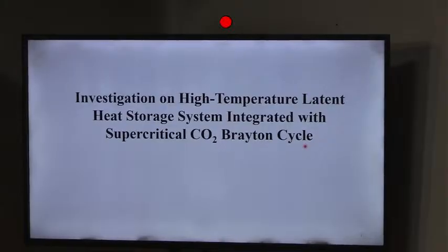So the total amount of energy required to convert this CO2 to its supercritical state is much lower, and that's how you can get maximum energy utilized by using supercritical CO2 in comparison to, say, the air standard cycle for the Brayton cycle. The Brayton cycle is the air standard cycle used for power generation.